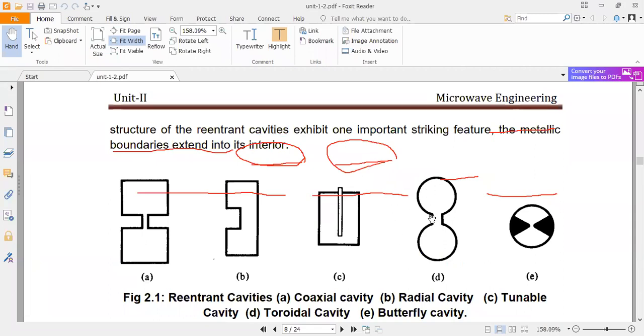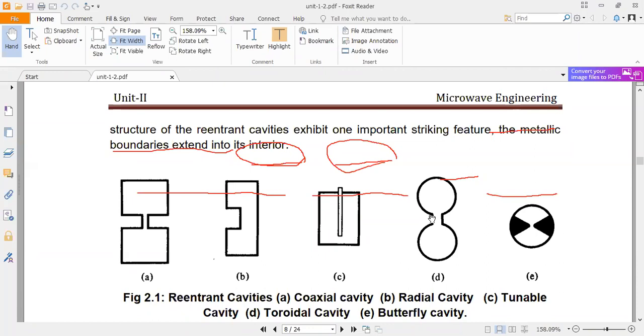But what is the purpose of a cavity resonator? It confines or stores the electromagnetic energy. You should excite this cavity resonator. The first thing to understand is that you give the input to the cavity resonator.